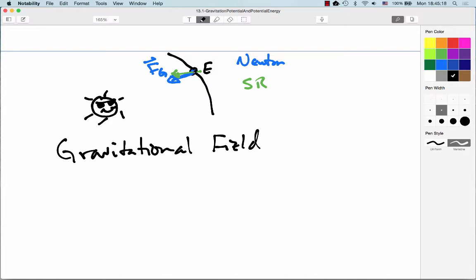So by making all of our interactions occur locally with that property of space called the field, Newton's third law is still respected.